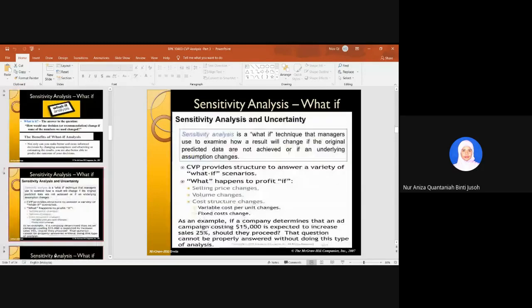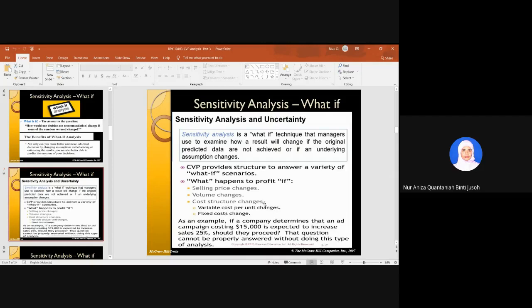Sensitivity analysis is usually applied when we ask what if scenarios. For example, what happens to profit if selling price changes, volume changes, or cost structure changes?